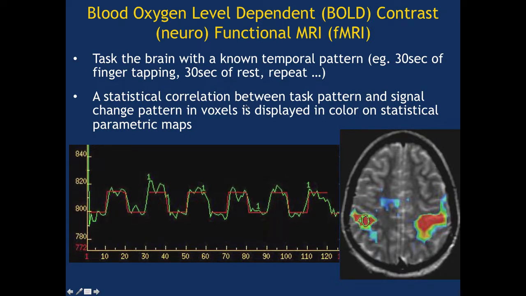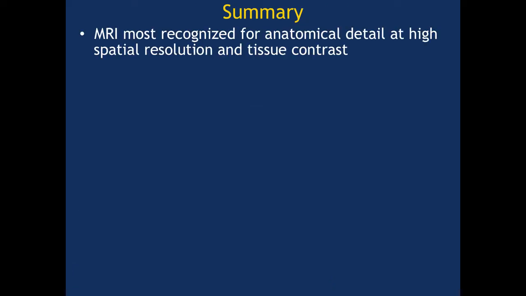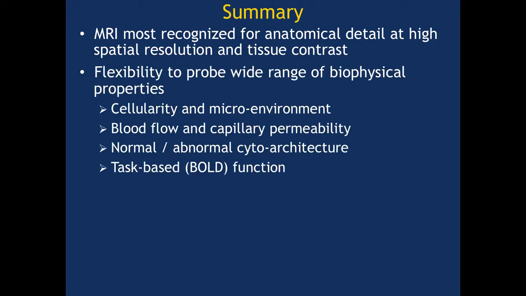Many different tasks have been devised, and neurofunctional MRI is used not only clinically, usually for neurosurgical planning, but also in a scientific context as well. So, in summary, MRI is typically mapping out the anatomy at high resolution or high contrast or a little bit of both.